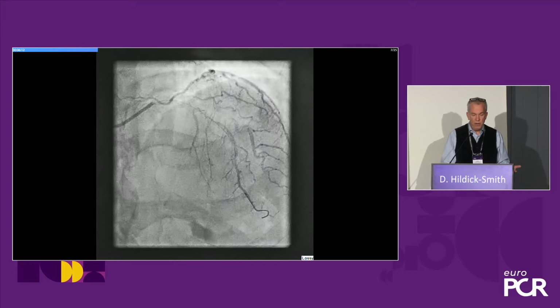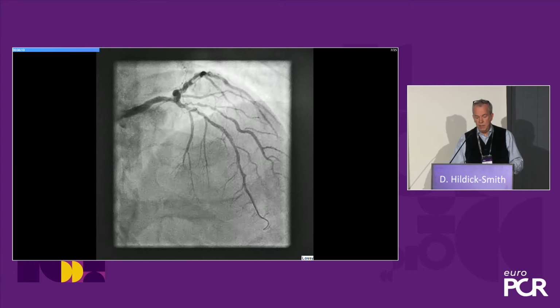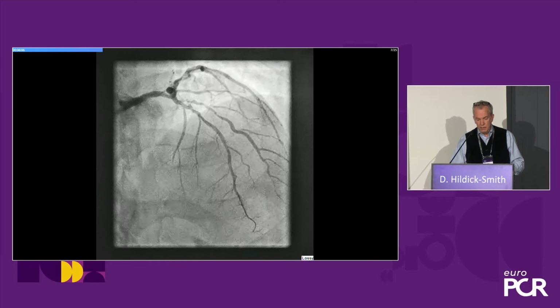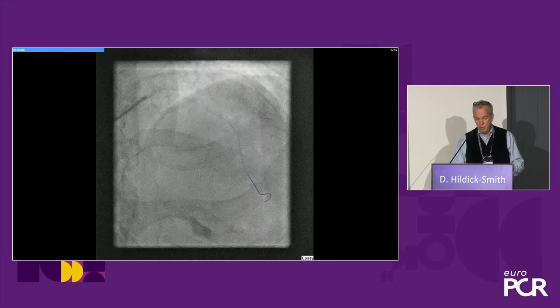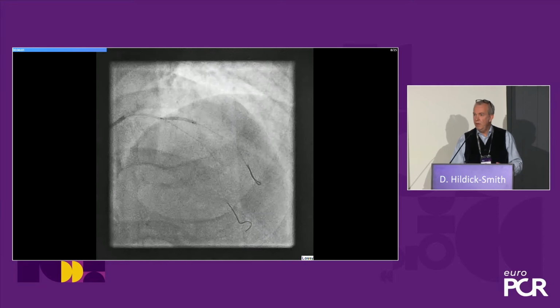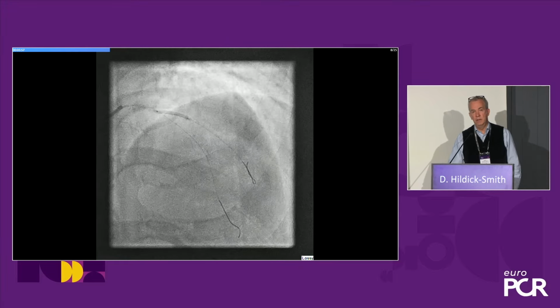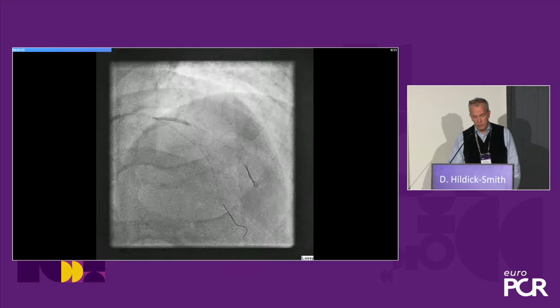If you look very carefully, you can probably just about detect some linear dissection, but that's what we're trying to achieve. Because we're ahead, we're winning, let's treat the diagonal as well, because that's actually a 2.5 millimeter important vessel for this man as well.